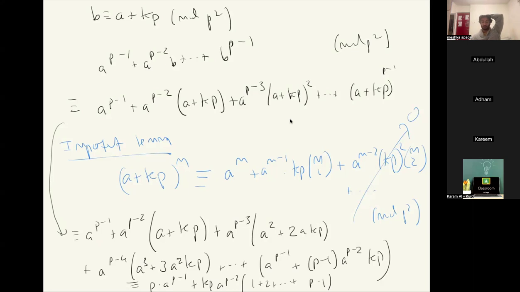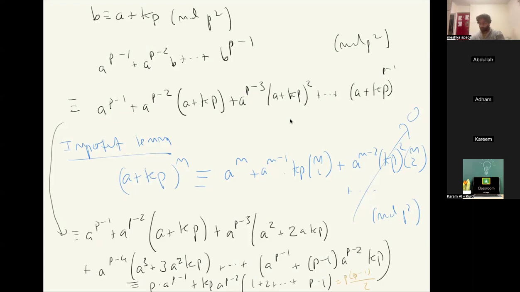So this is where we're using p is not 2. You see now this is why we needed p is not 2, because we want to cancel the second term. So the second term is what? This guy is p times p minus 1 over 2. If p is odd, then that's a multiple of p. If p is even, it's not.